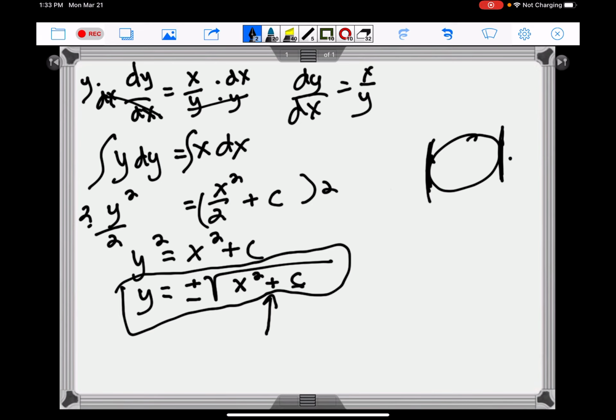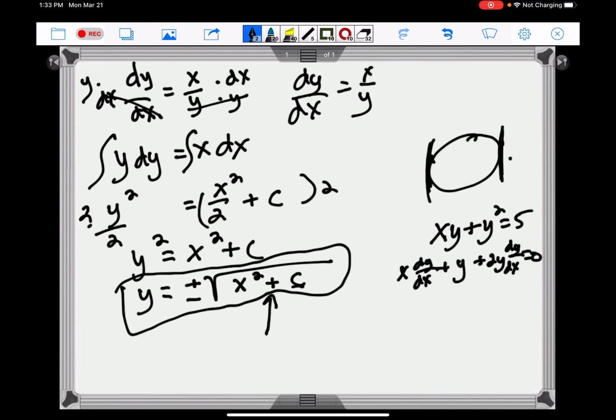Okay, so you know how on the front board or on our warm-up today, we went through and we did the implicit differentiation. I'm trying to talk and write at the same time. Equals 0.